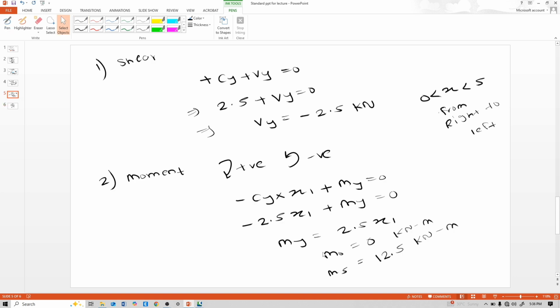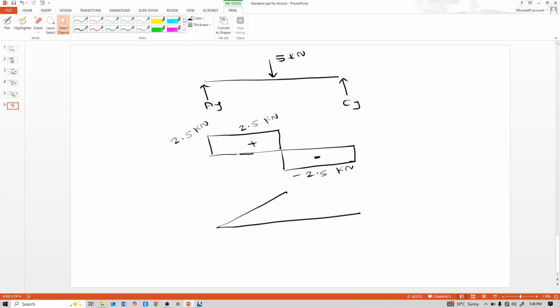And moment at 0 from right is 0 and at 5 from right is 12.5. That means similar. So this is 12.5 kilonewton meter positive. So this is our shear force diagram and bending moment diagram.